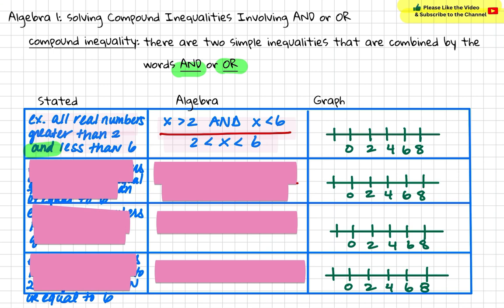So when we want to graph that, it's important to look at a couple things. Let's start, we're going to divide and conquer. So we have the first part, which is x is greater than 2.